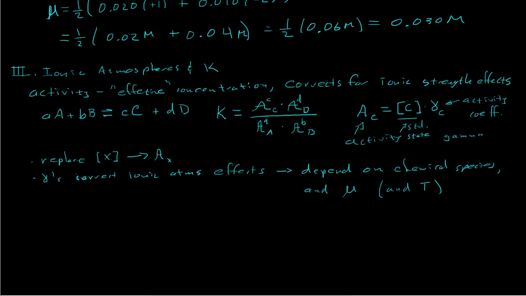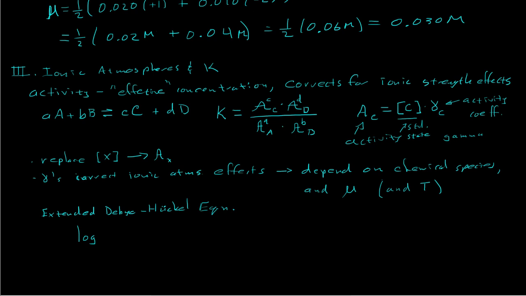So there are some ways that we can begin to understand these activity coefficients. There is an extended Debye-Huckel equation, a theory that was used to calculate what these gammas are. You should ask your favorite physical chemistry professor if you would like to know the physics behind how this equation was derived, but we're just going to write it down.